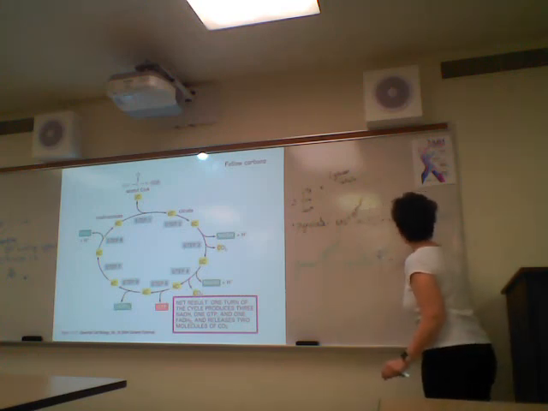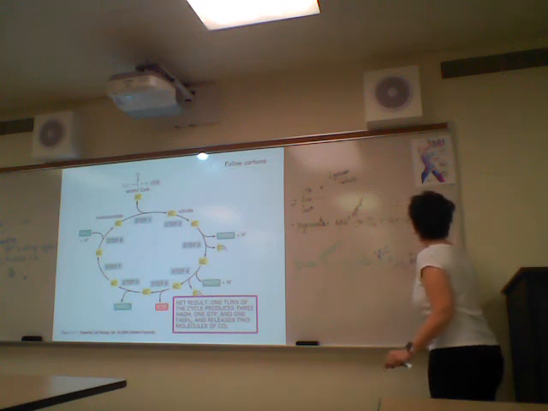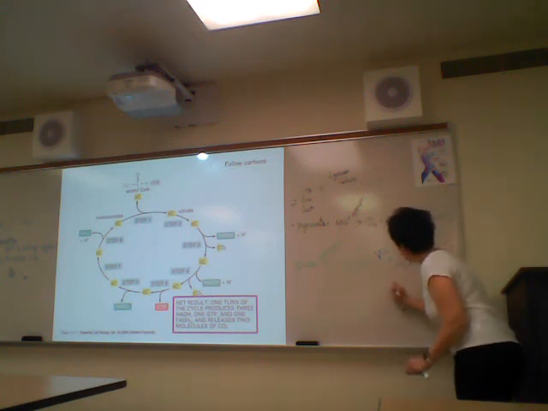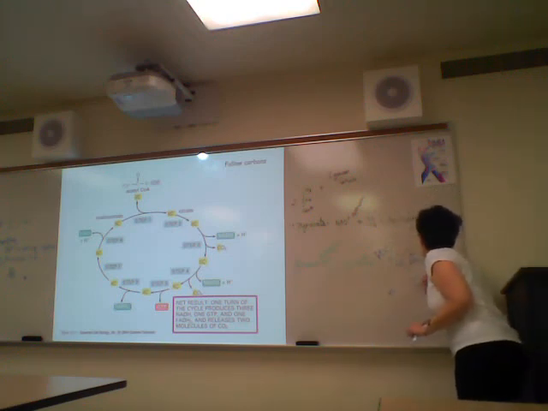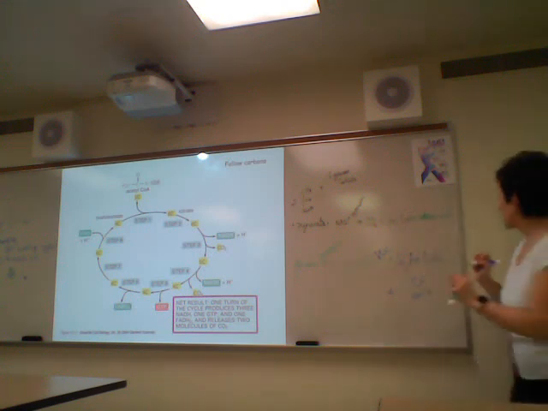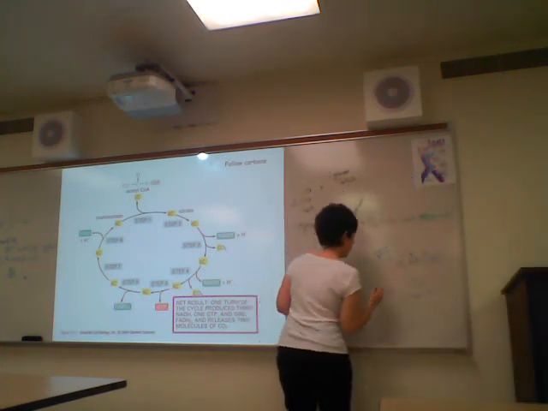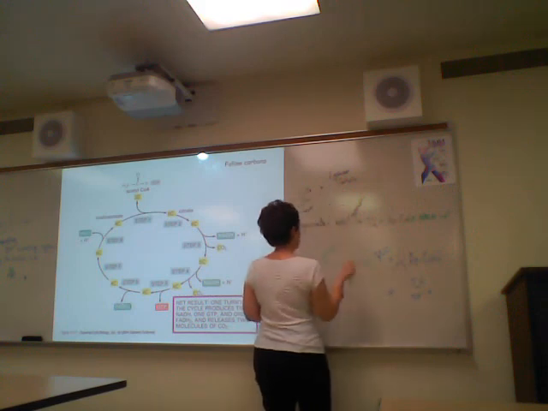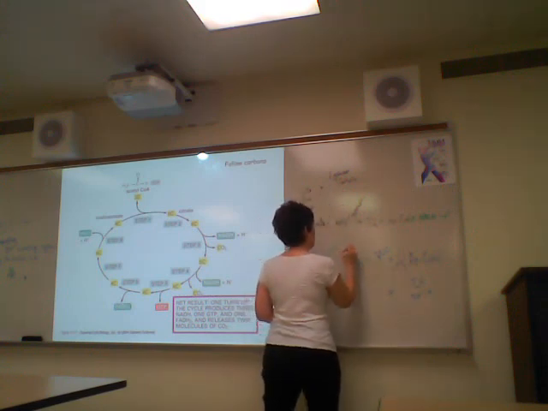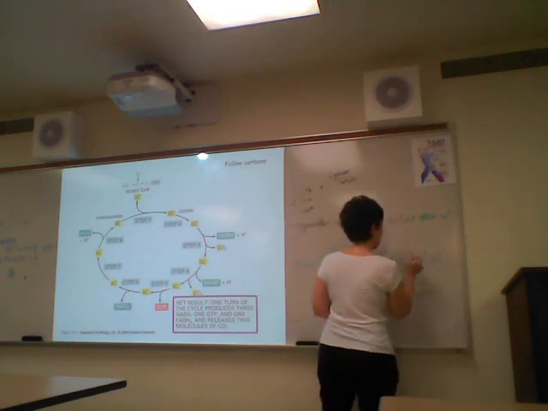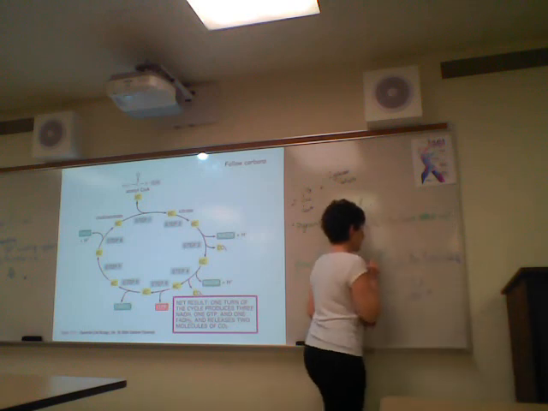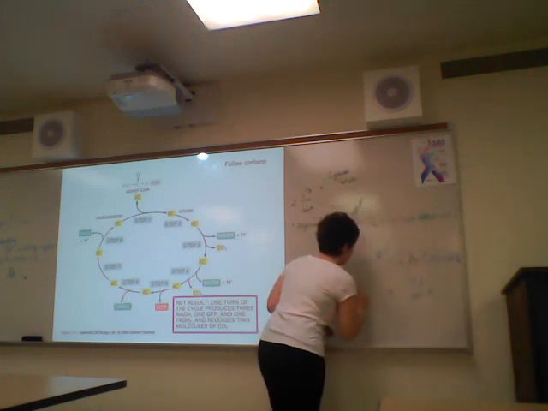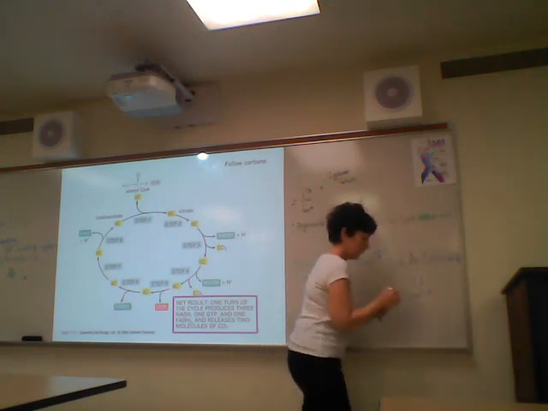That will generate 2 acetyl-CoAs. Then you have to do your 2 acetyl-CoAs through the TCA cycle twice. And that generates right there, there's 2 of those plus 2 carbon dioxides. Don't lose our carbons here. And then we get 6 carbon dioxides.